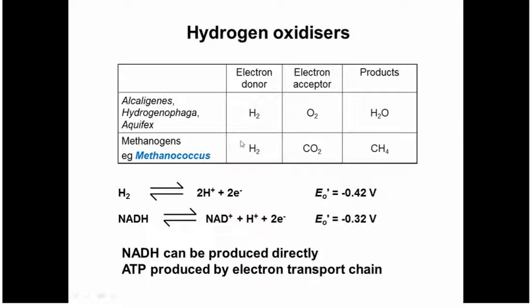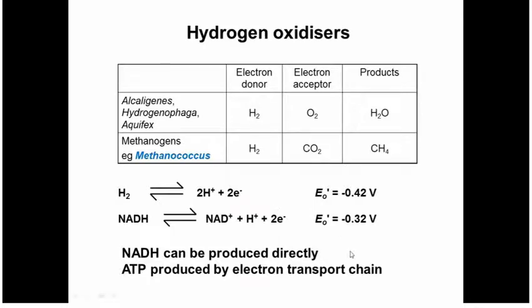Here the electron acceptor is carbon dioxide, and this produces methane. So these bacteria are going to be autotrophs, right? They're getting metabolic energy in a very difficult way, just from some kind of mineral source. Probably there's no organic carbon around here. They're growing just on a simple chemical reaction.